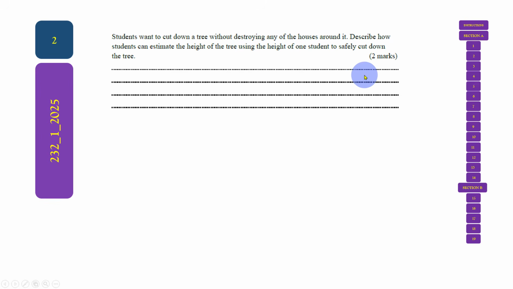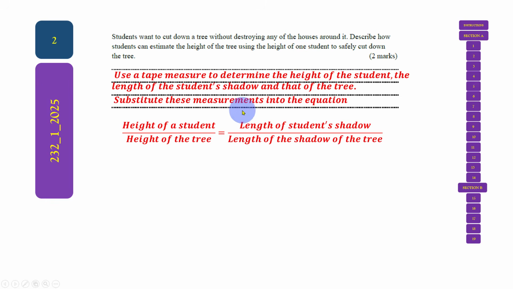Again, this is a very simple question because it comes from use of this equation here. The height of the student determined by the height of the tree will be given by the length of the student's shadow divided by the length of the shadow of the tree.